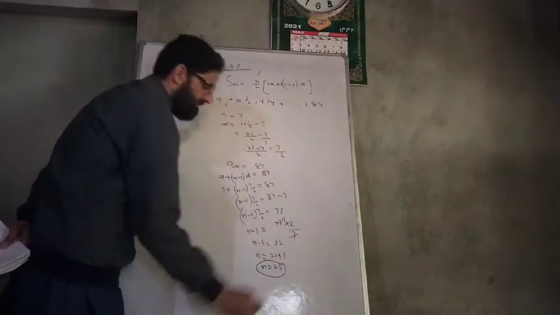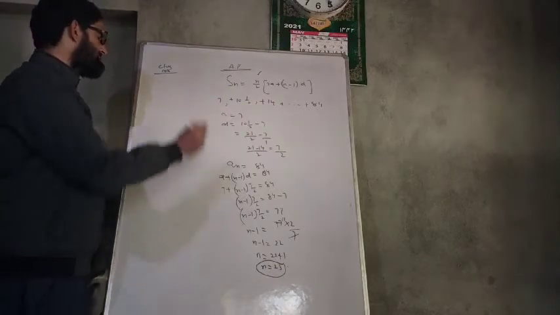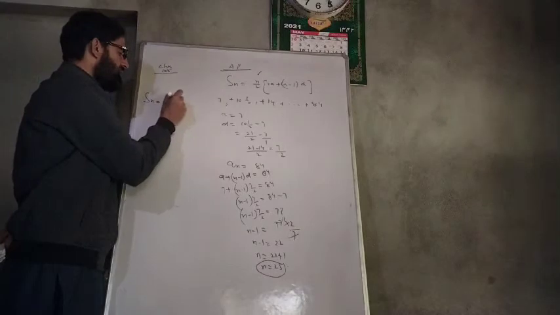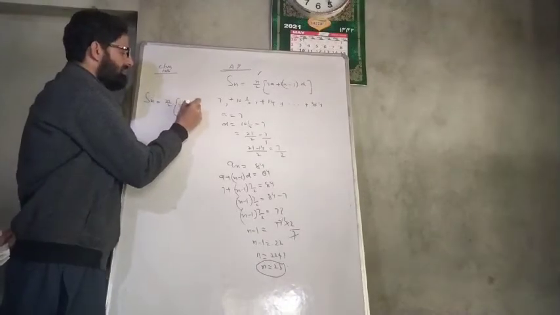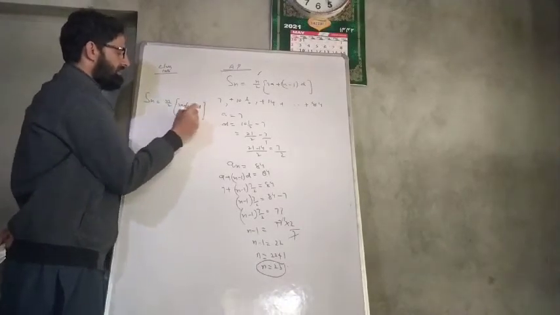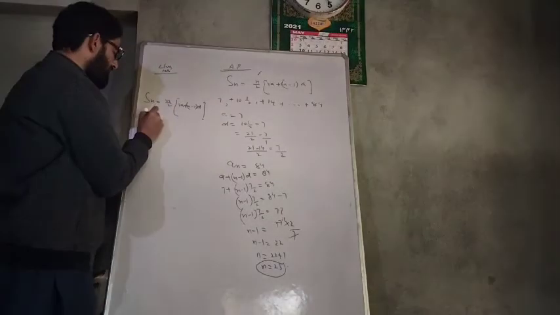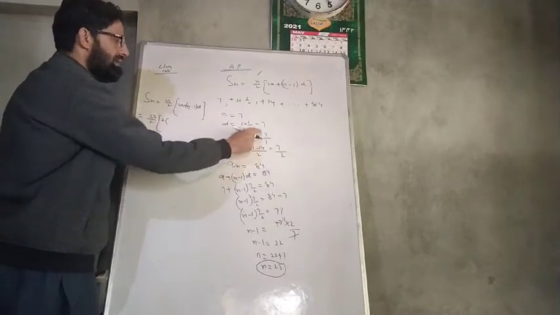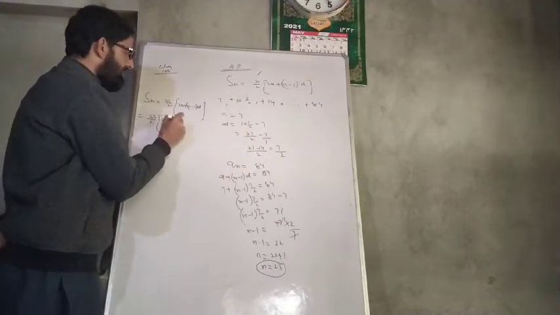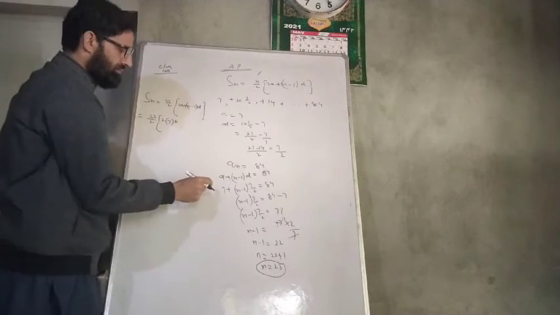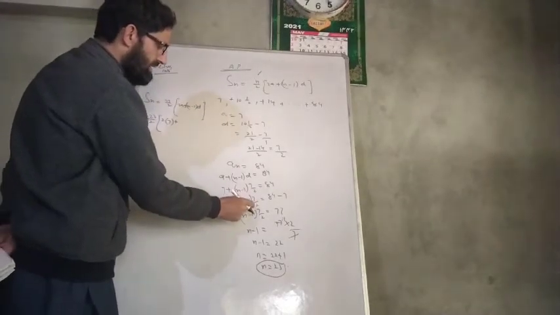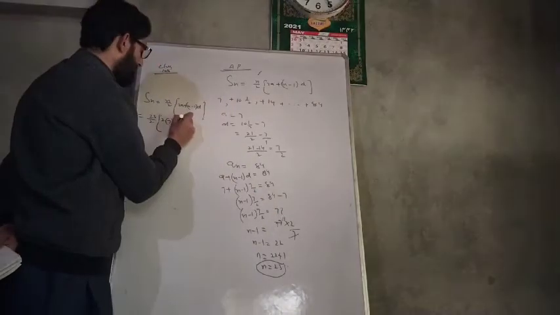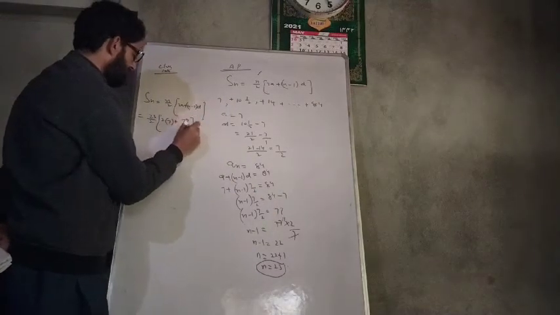Now we know n, so we can easily find Sn, that is the sum of 23 terms. Sn is equal to n by 2 into 2a plus n minus 1 into d. This is 23 divided by 2 into 2 into a, where a is 7, plus n minus 1 into d, which is 77.